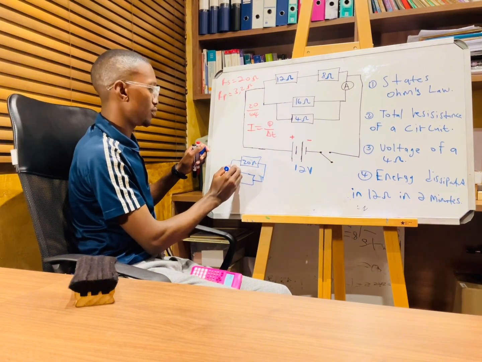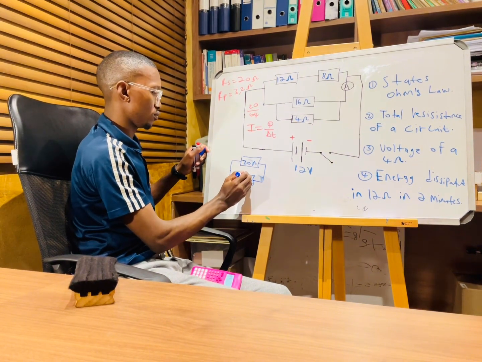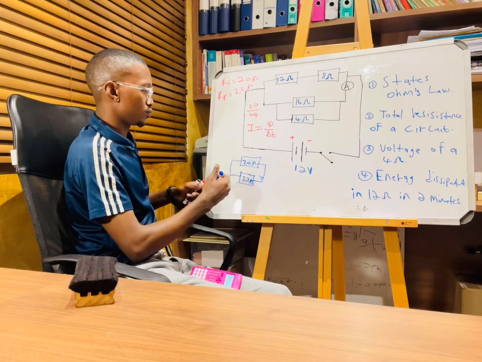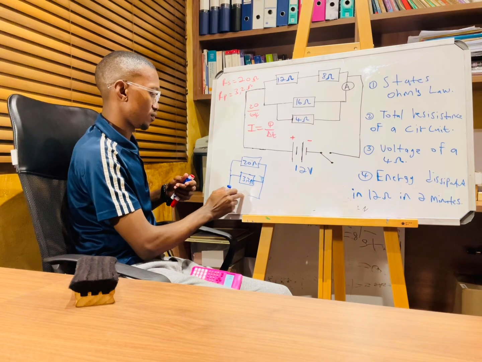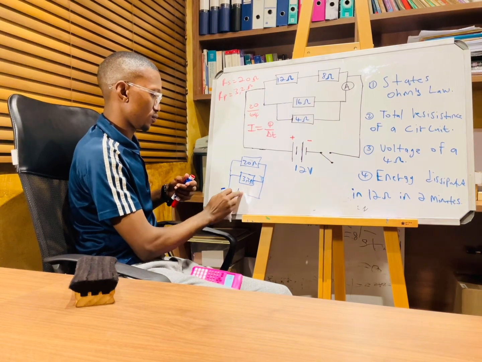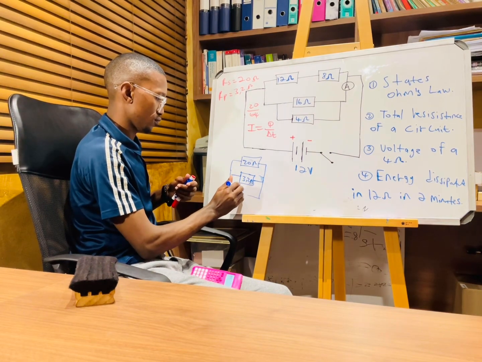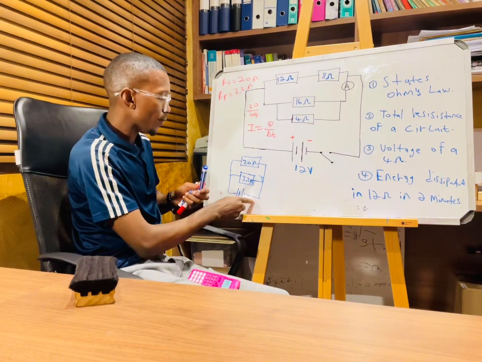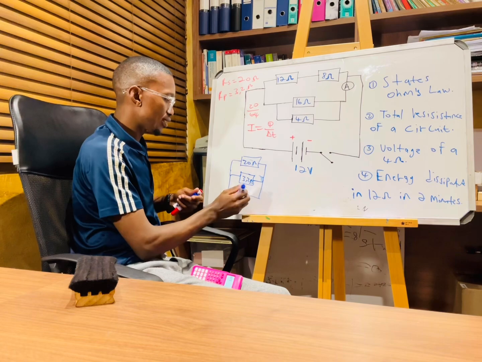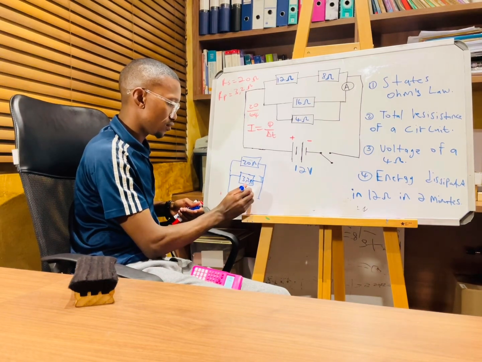And then here it's going to be your 3.2 ohm, and then connected to your battery. The switch is still open, it's fine.